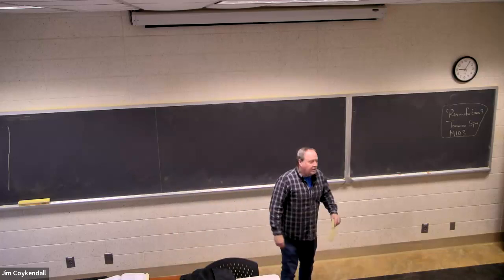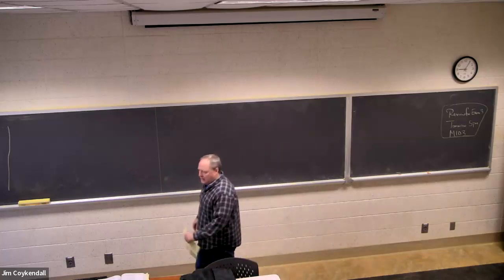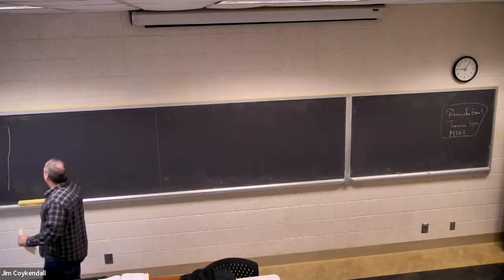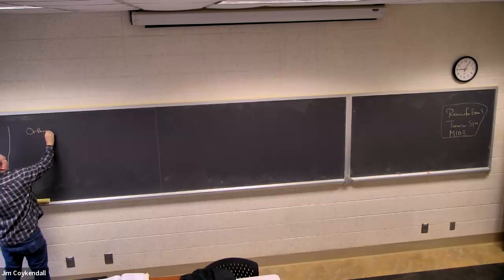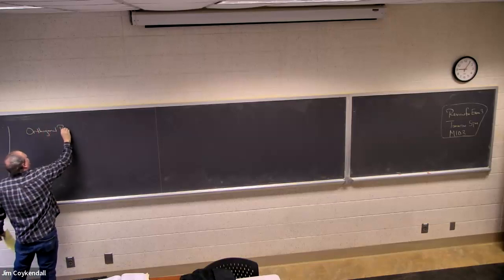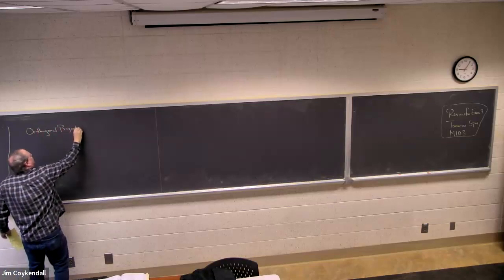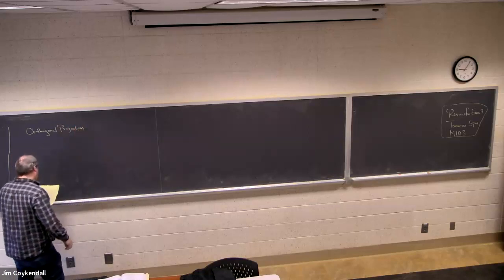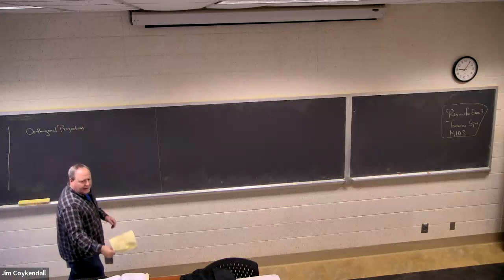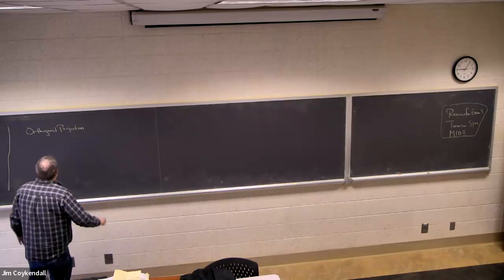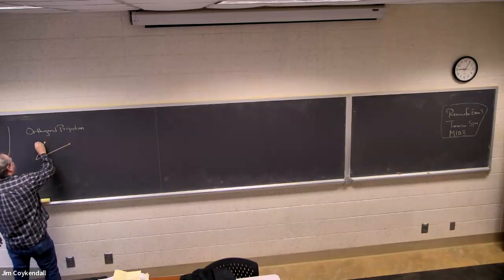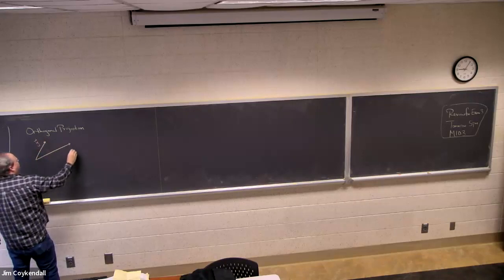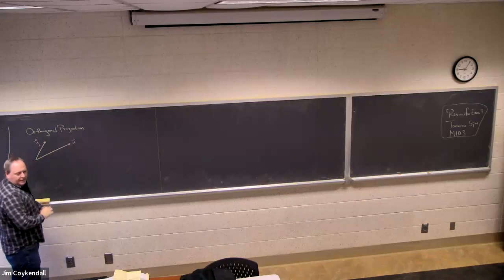So what we're going to talk about today, this is the last new section before the exam, is orthogonal projections. Let me set you up a little bit. Last time we talked about projecting a vector y onto some vector u, right?